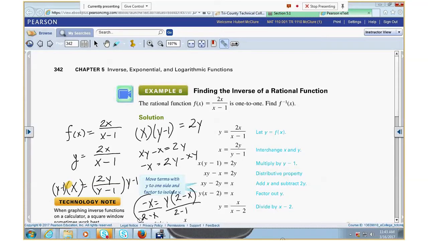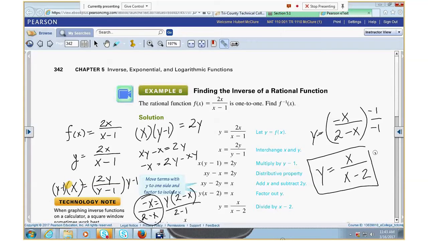So that should be negative x, and what they did is they just multiplied by negative 1 over negative 1 to get it to look better. That's the actual function. Y is equal to negative x over 2 minus x. Multiplying by negative 1 over negative 1 gave them x over x minus 2.